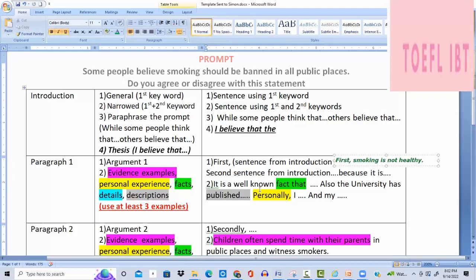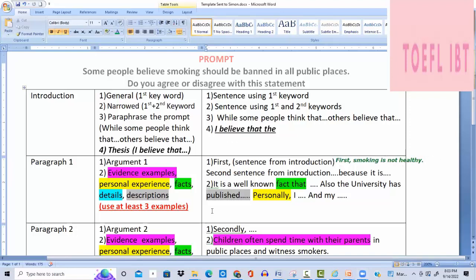Now you need to have a second sentence from the introduction. And remember, your second sentence had the word smoking and public places. So we've got a little bit of help here. Second sentence from introduction. Smoking is not healthy because maybe in public places, people get the secondhand smoke. You just have to sit with it and think with it, but it will come to you. So I'm going to put it down here, but this is just my thinking.